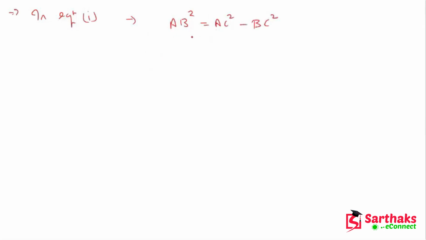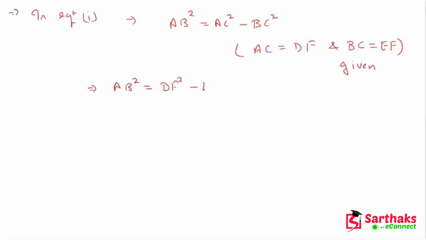We know that AC is equal to DF and BC is equal to EF. This is the given. So this will become AB square is equal to DF square minus EF square.